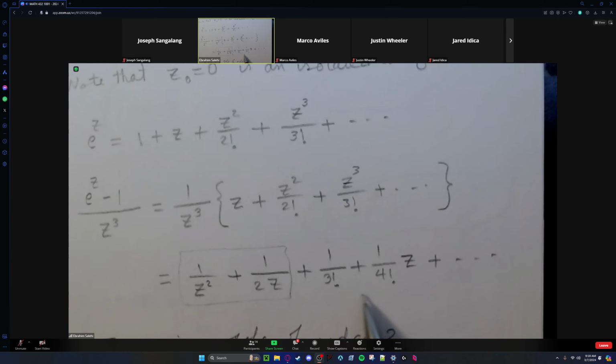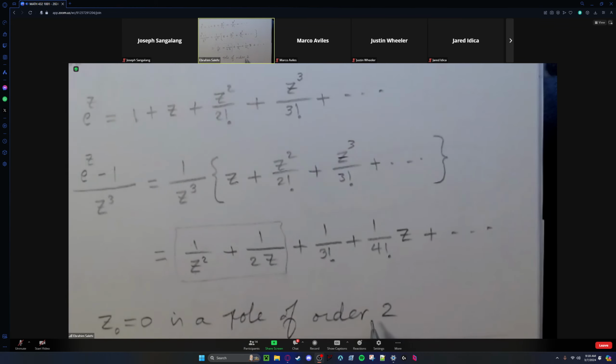Here is the analytic part. We don't have any problem here. It's a constant, a number. This is all now positive exponent of z. Here is the principal part. So the largest degree in the denominator is 2. So z equals 0 is a pole of order 2, okay?